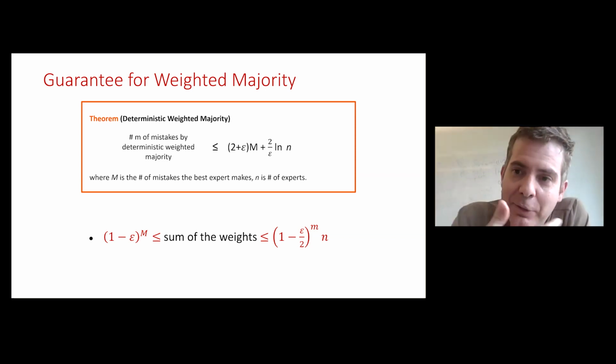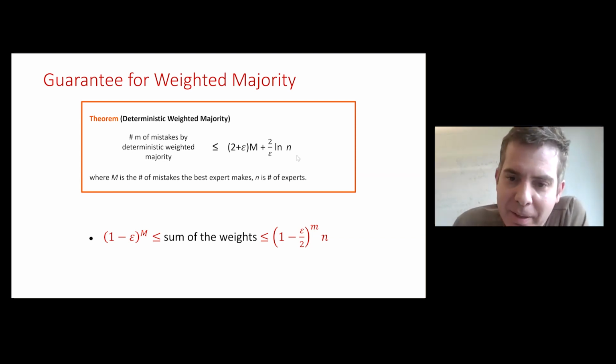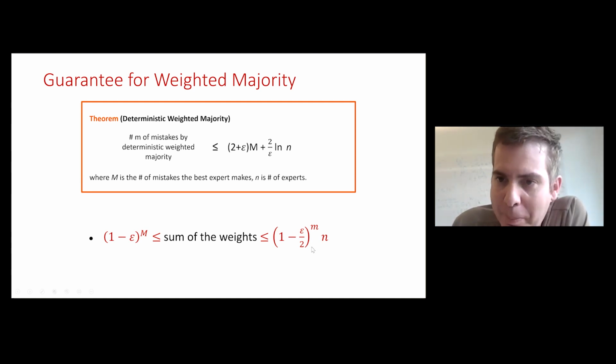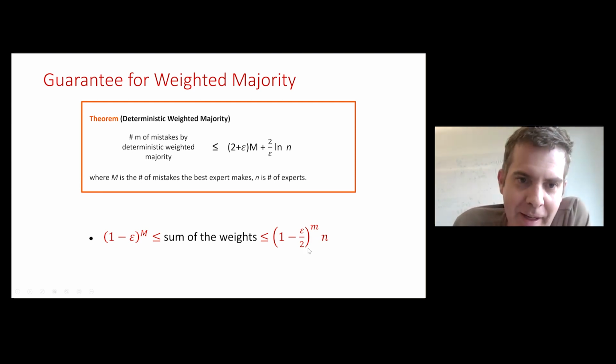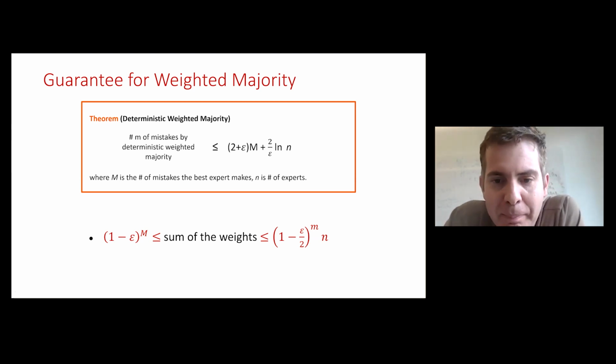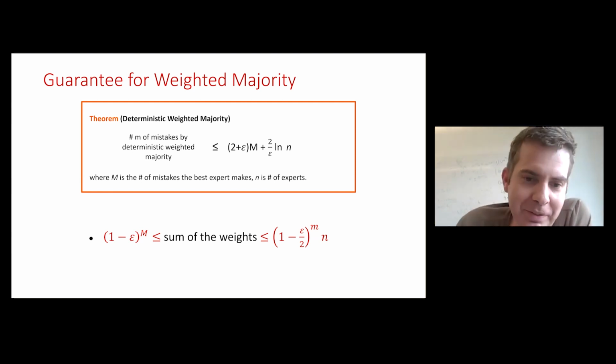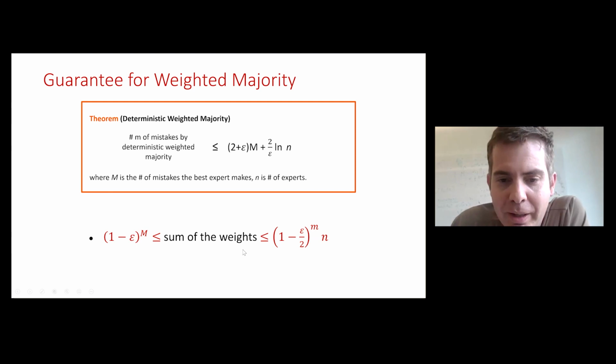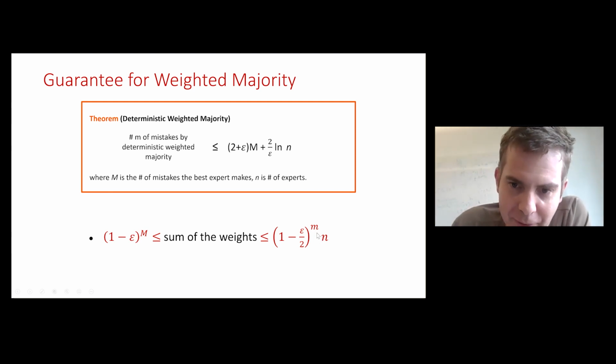And so the total weight that you have at that time gets multiplied by at most 1 minus epsilon over 2. And little m is the number of mistakes you made. So whenever you make a mistake, this happens. The weights can never go up. So you get these 2 inequalities, and then you just solve for your number little m of mistakes, and you get this bound.